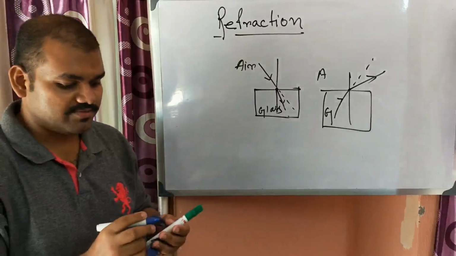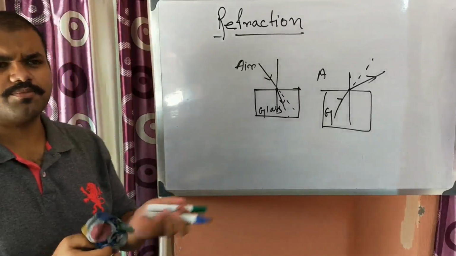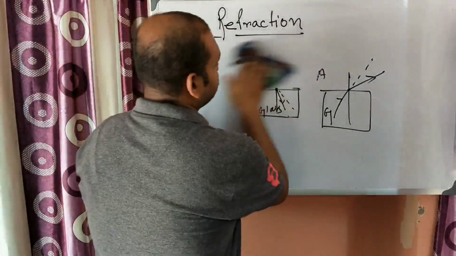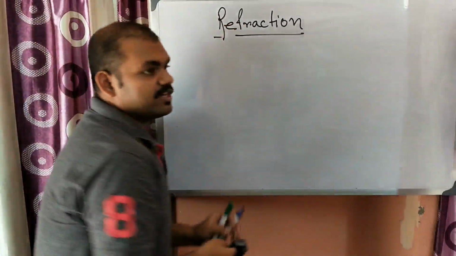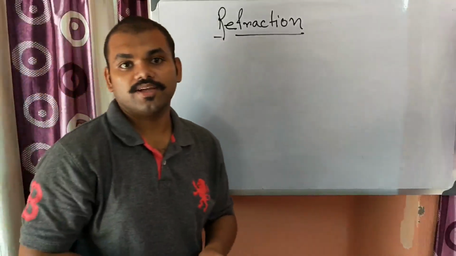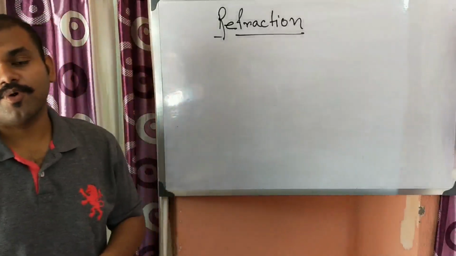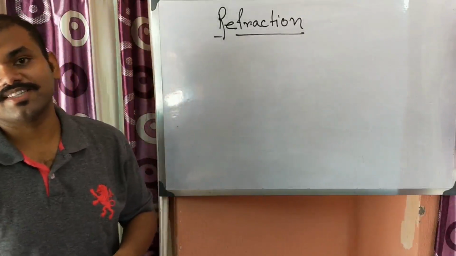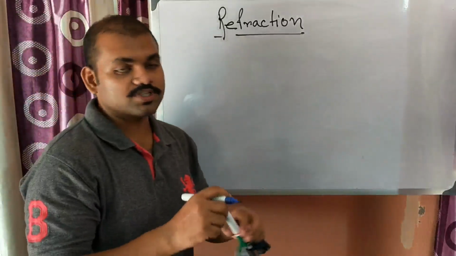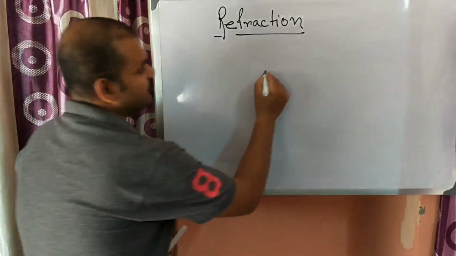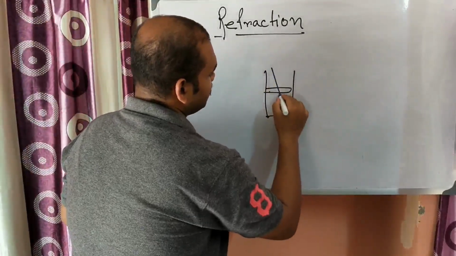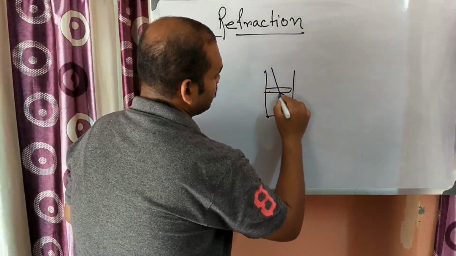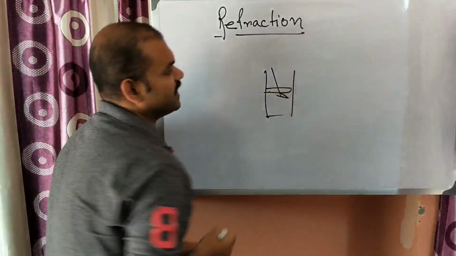This phenomenon is refraction. And for one example, you can do it at your home. Take a pen or pencil and dip it into the water and see. What will you see? You can see a bend, or a portion is bent. If you dip the pencil, you will see the pencil is kind of bent.